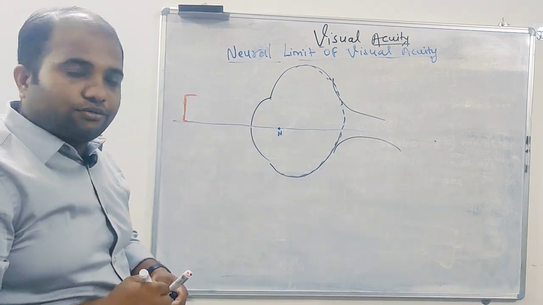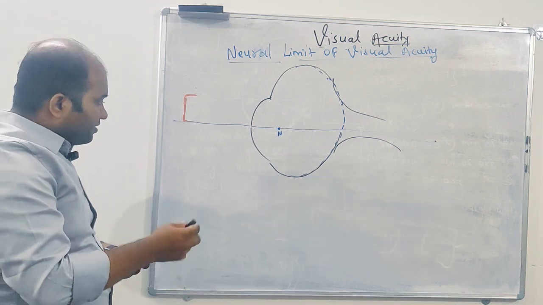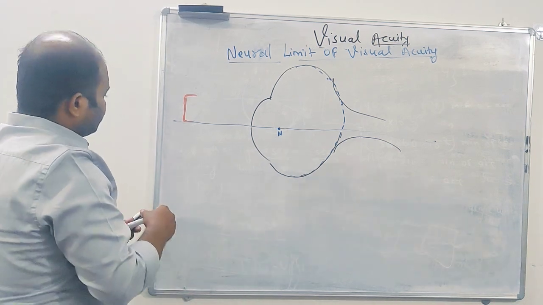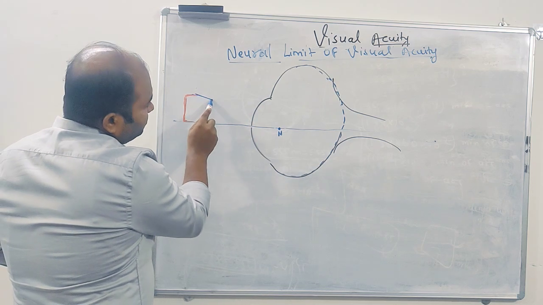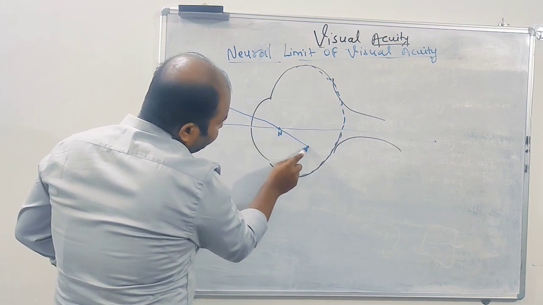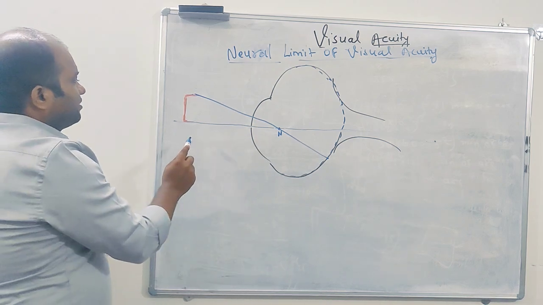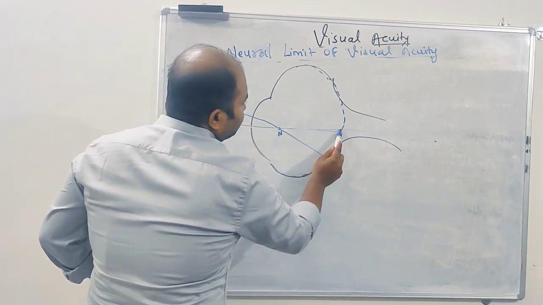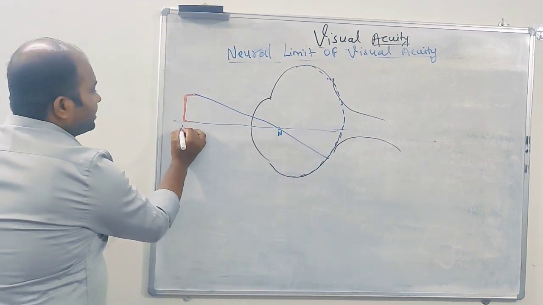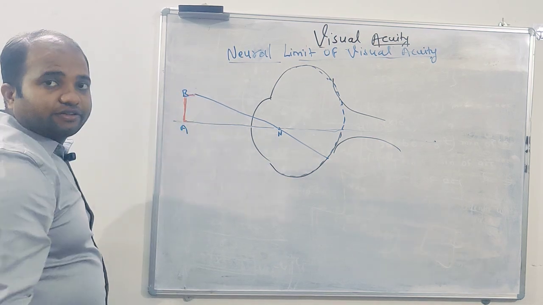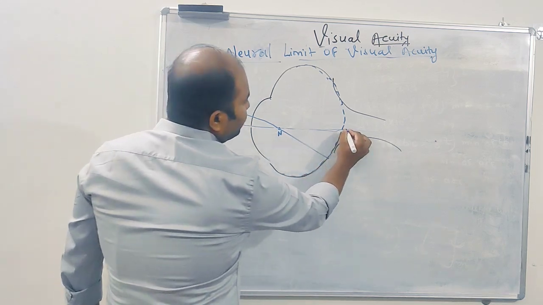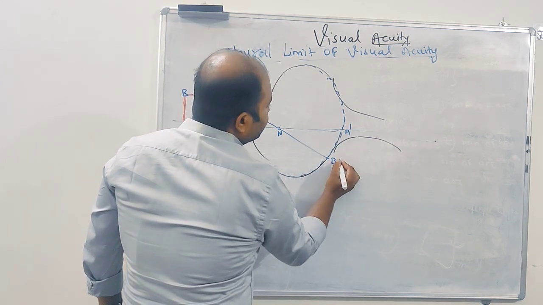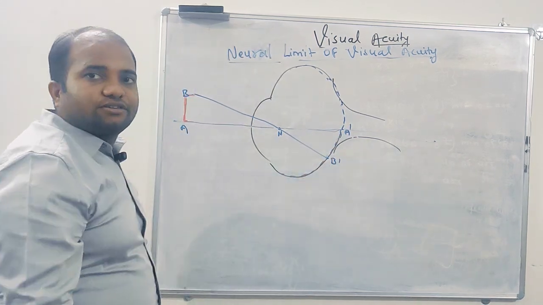After refraction, the light has to pass through the nodal point. The refraction occurs here, so this light has to pass through the nodal point. If this object is AB, then the image formed will be A dash and B dash, and this is the height of the image.